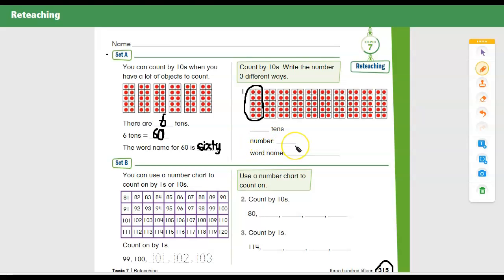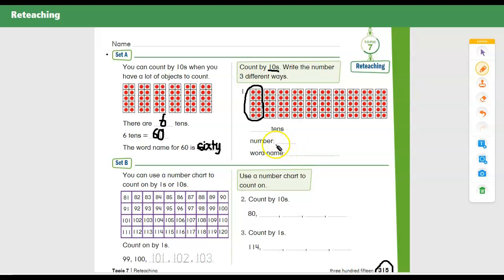Then when writing the number, it wants to know how many total dots there are. This is where you will count by tens to find the number. Begin with 10 and count on till the end. Then write your number in the blank. Lastly, it wants you to write the word name.